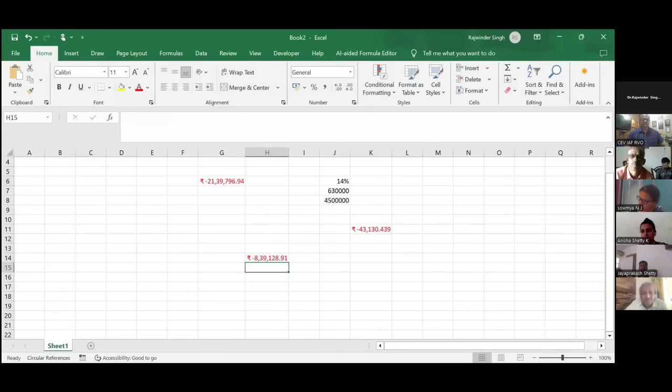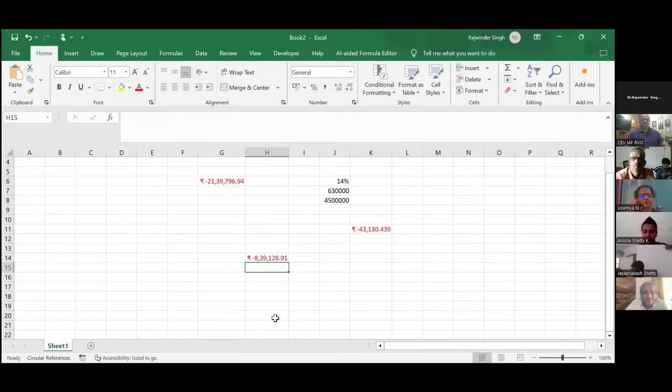So you must understand the difference between the two. What thing you have, whether you have PMT or you have FV. That is an important thing. Clear any doubt about this? Clear, sir.